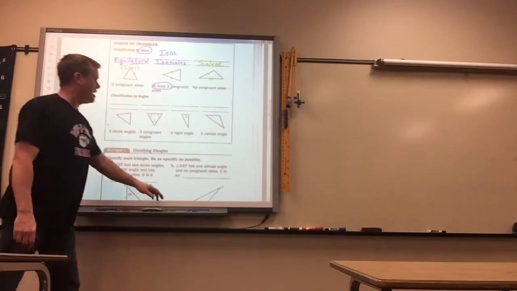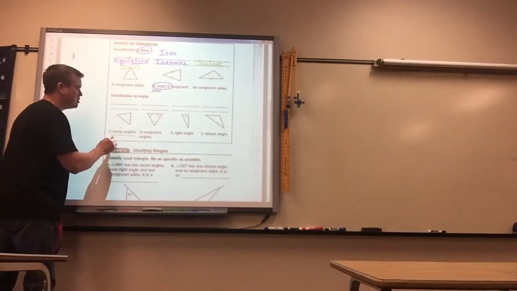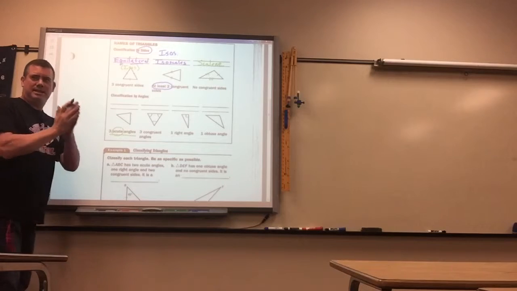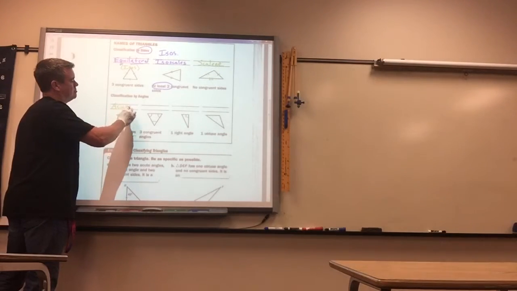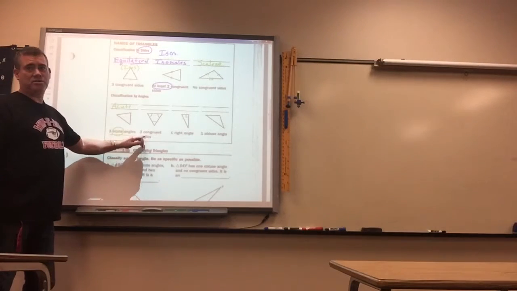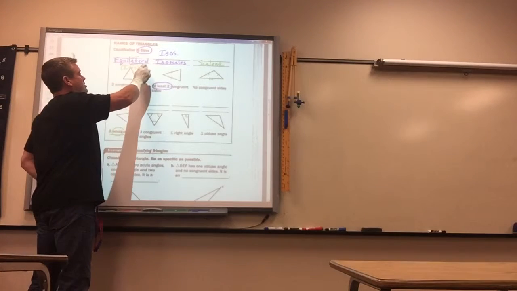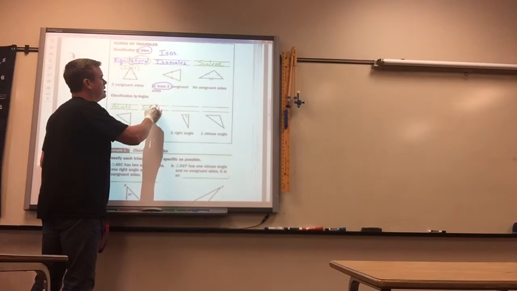Then to classify by angles. 3 acute angles. Everyone remember what acute is? Less than 90 is just an acute triangle. 3 congruent angles. It's the same thing as an equilateral, but it's the angles that are the same.